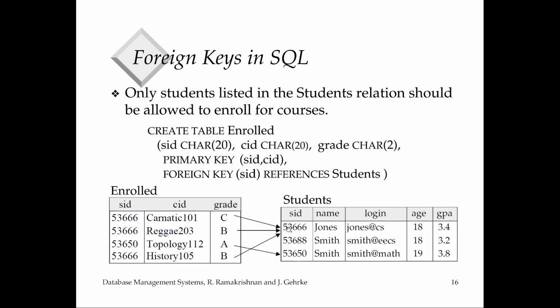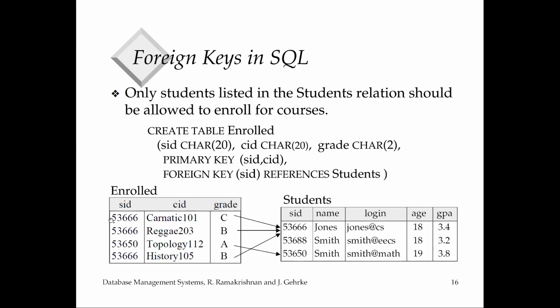You can decide that if I've deleted this student from this database, I should delete all the enrollment records because anyway, it's meaningless to have enrollment records that do not reference the student. So that's one option.